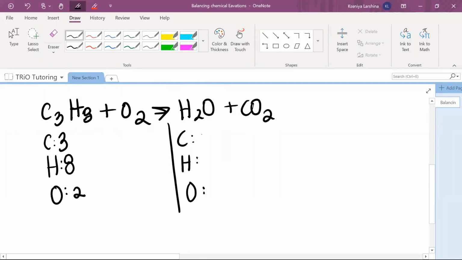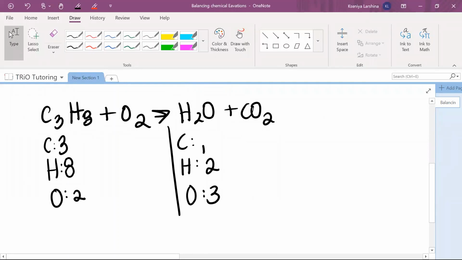And then you have 1 carbon, 3 oxygens, because you also have an oxygen here, and then 2 hydrogens. So now that you have listed out all of your components that you have right now unbalanced, now you balance them out.